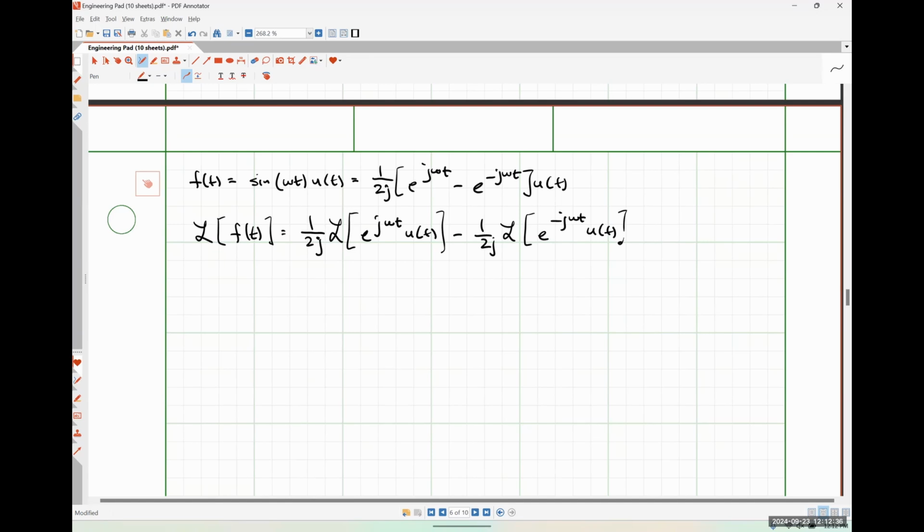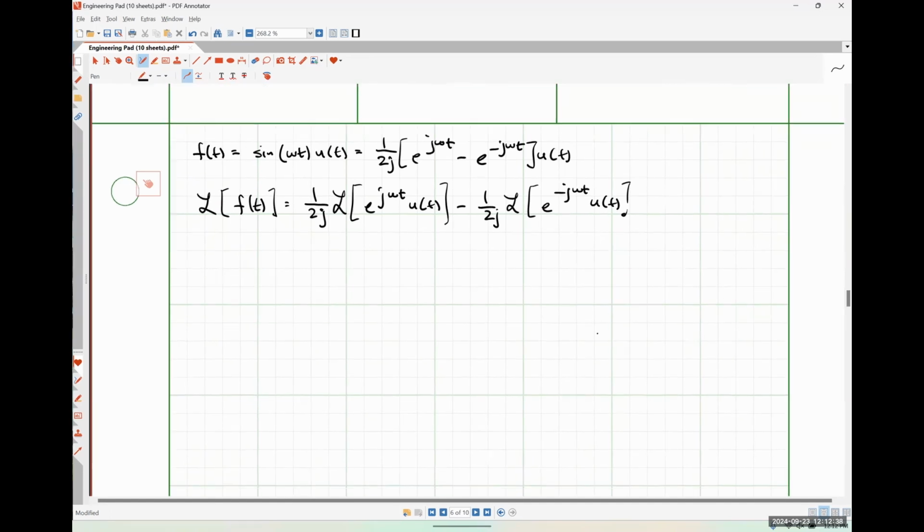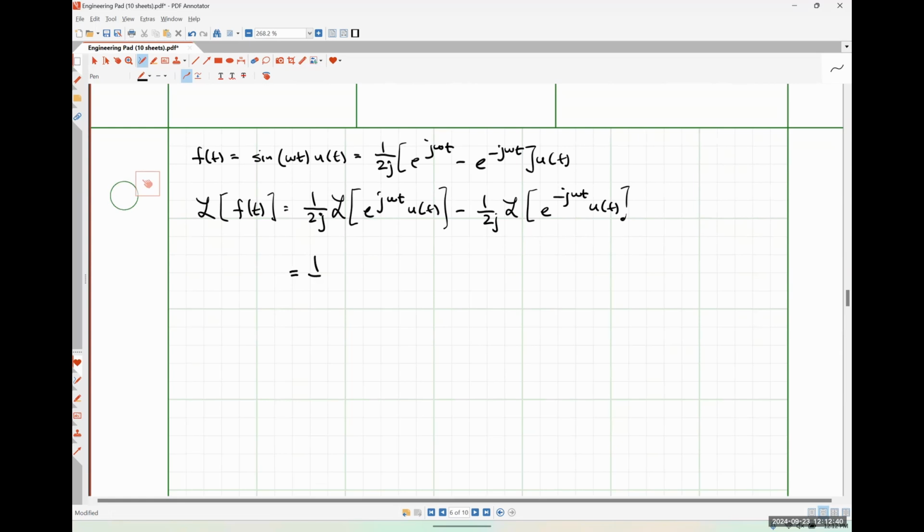And now we're just going to use the exact same things we did in the last example. So we're going to have a factor of 1 over 2j. This is going to look like 1 over s minus j omega. I'm going to wind up multiplying this by s plus j omega over s plus j omega, minus 1 over 2j times 1 over s plus j omega multiplied by s minus j omega over s minus j omega.